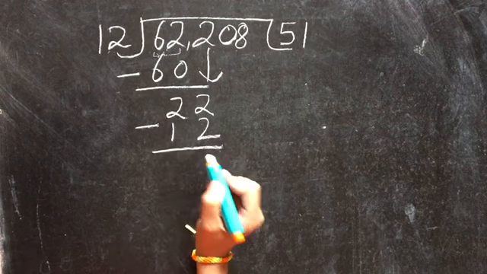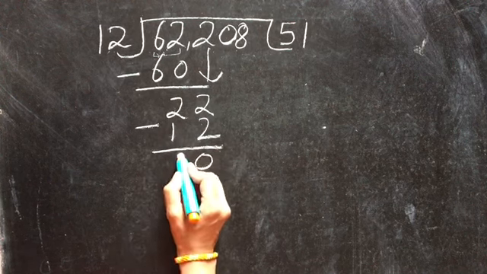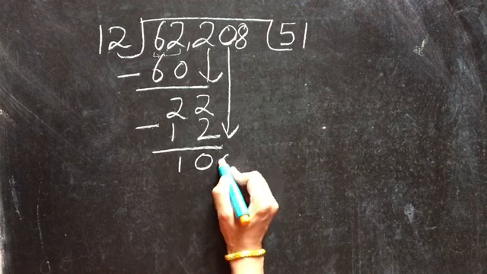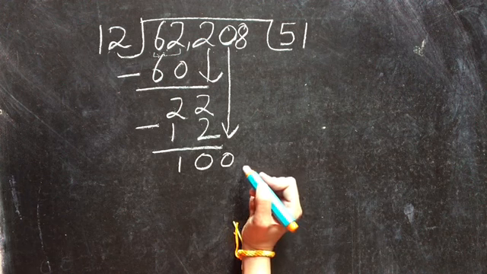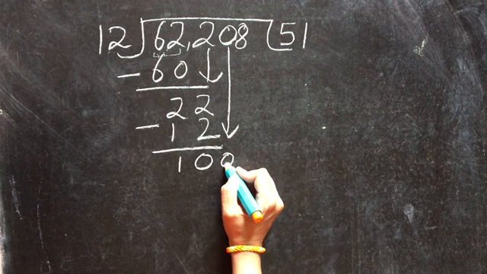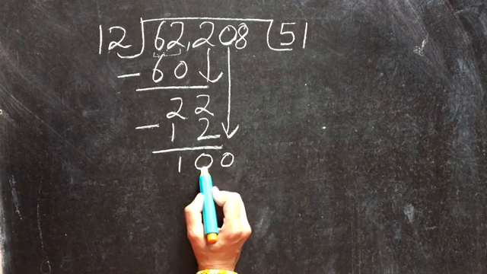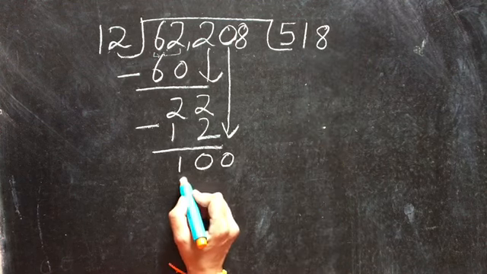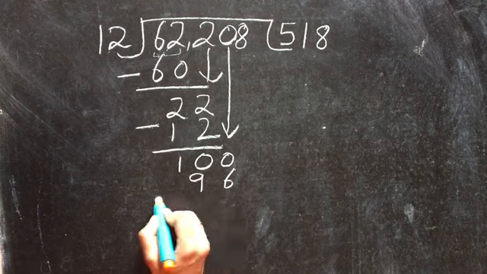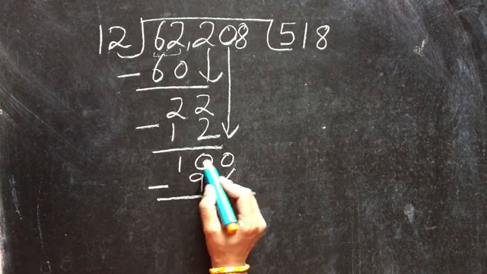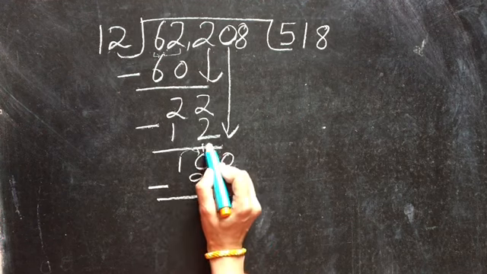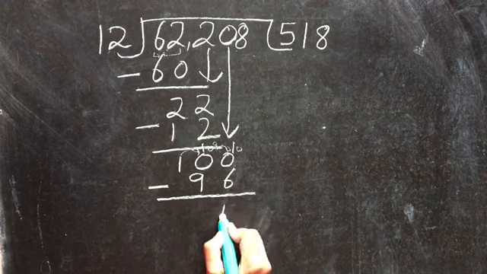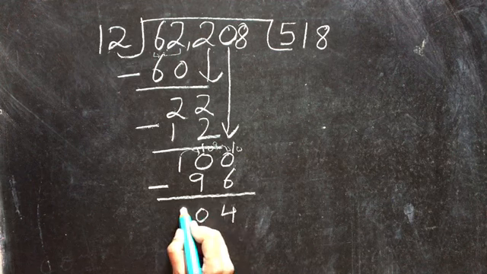Again subtract, 2 minus 2 is 0, 2 minus 1 is 1, then this 100. So, in the table of 12 less than this, 8 twelves are 96, minus again. So, borrow, it will be 10, again borrow, it will be 10 and 9, 10 minus 6 is 4, 9 minus 9 is 0 and 0.